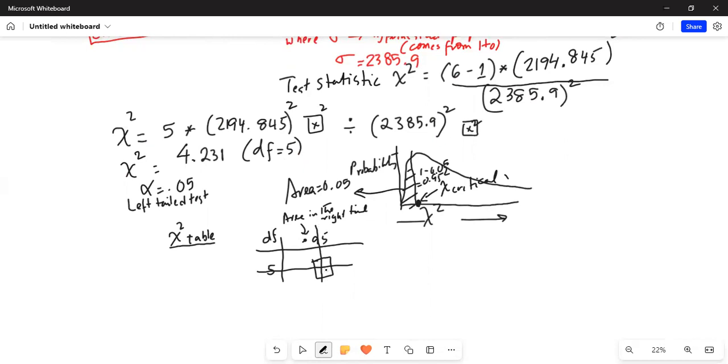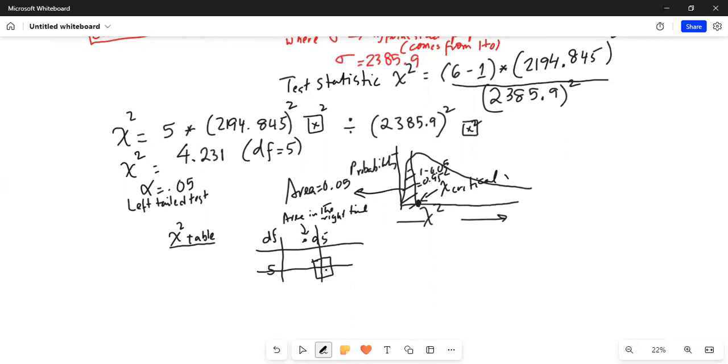intersect. So you can go to the website or you can use a textbook, for example, which lists the chi-square values. Okay, so my degrees of freedom is 5.